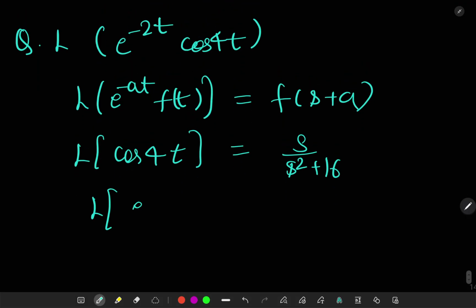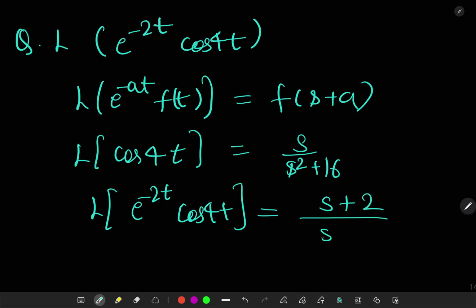Now the Laplace transformation of e raised to power minus 2t cos 4t: wherever s is present, we put s plus a term. So put s plus 2 divided by (s plus 2) whole square plus 16. Here you can see the value of a is 2.